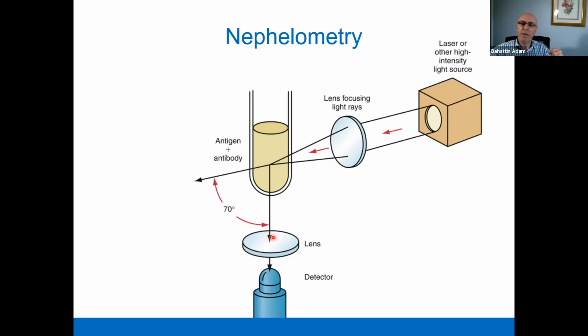Through the lens is the scattered light, and then it reaches the detector. The detector measures the amount of light scattered from the compound, from the antigen-antibody complex in the test tube.